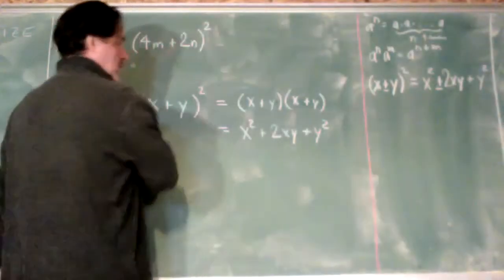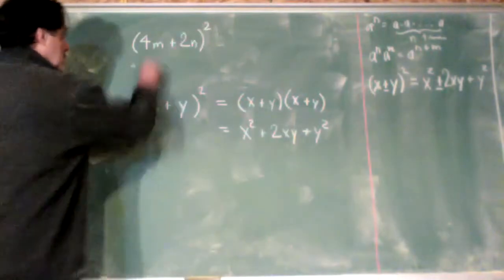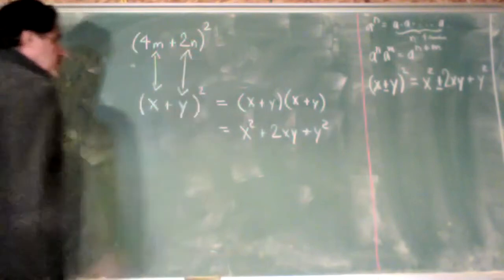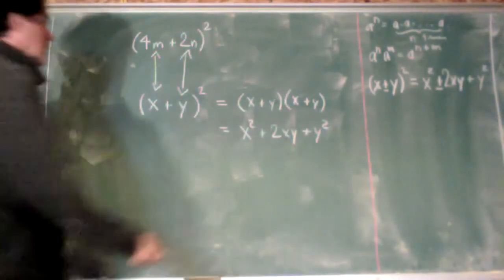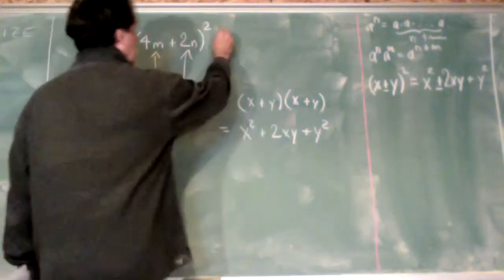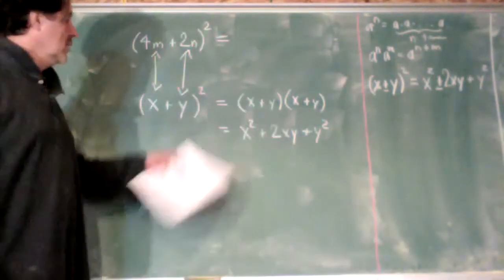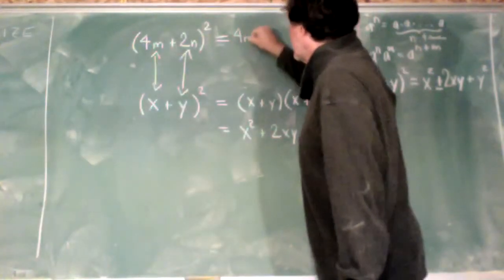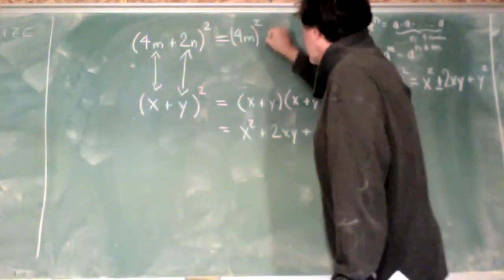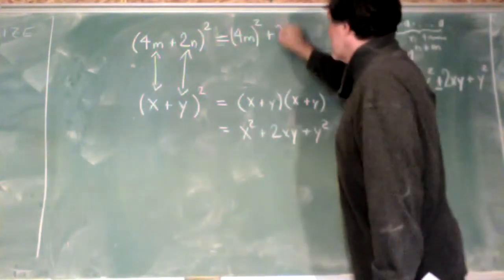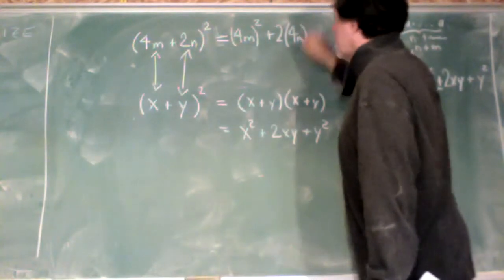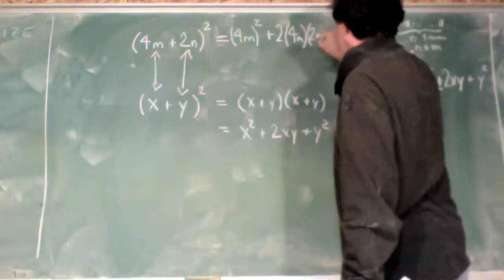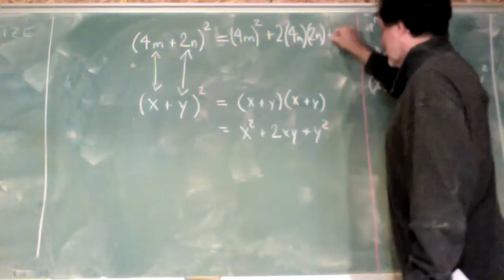So now, in our case, 4m plays the role of x, 2n plays the role of y. And so, applying the formula rather than actually foiling out, what do we see? Our x is squared, so that's our 4m squared, plus 2 times x, which is 4m, times y, which in our case is 2n, plus y squared.